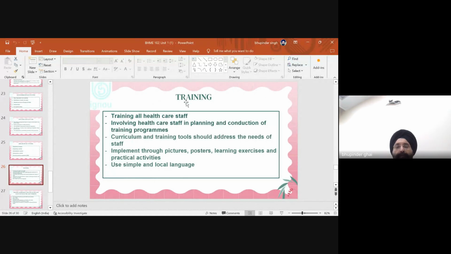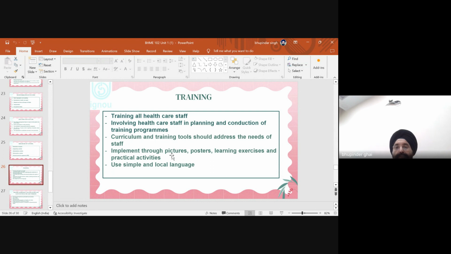So training is very important for all the workers. This training will involve healthcare staff in planning and conduction of the training program. They will also help in finalizing the curriculum and training tools used for the training.